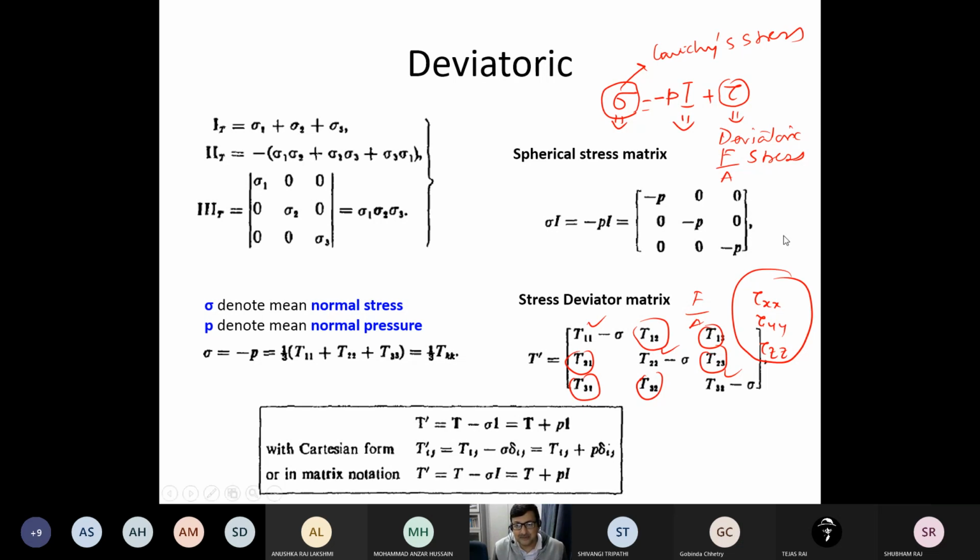So first I remove the pressure, and from the deviatoric stress I go for Hooke's law or Newton's law of viscosity, because that part will not be frame invariant. That part will change as the dynamics is changing. Clear? Yes, sir.